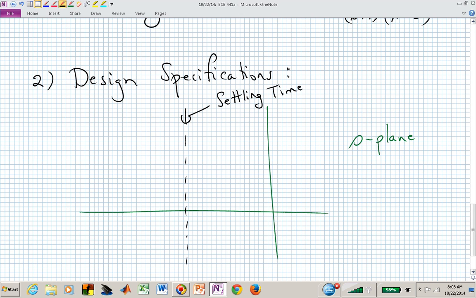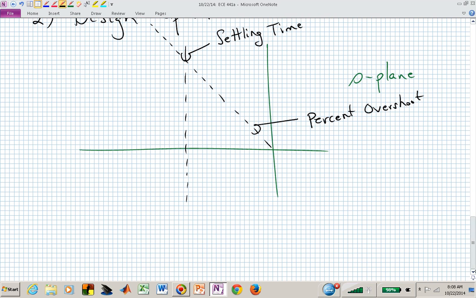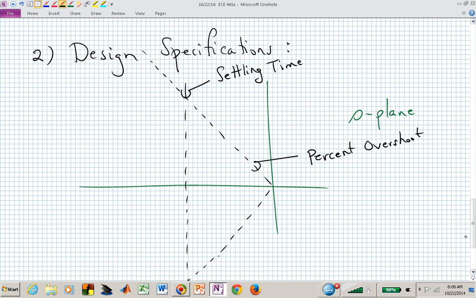You now see this wedge shape, and it's coming out from the origin. Here is our percent overshoot, and if it's a wedge, it actually has this reflection down in the lower half of the complex S-plane.